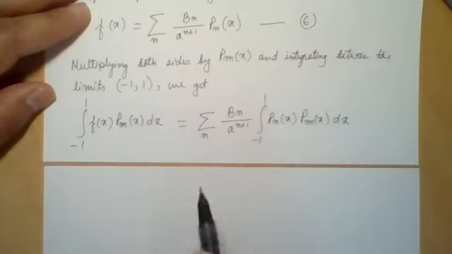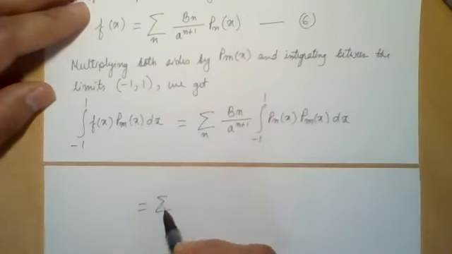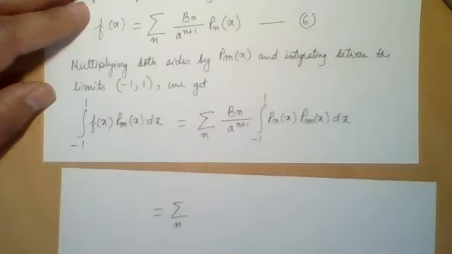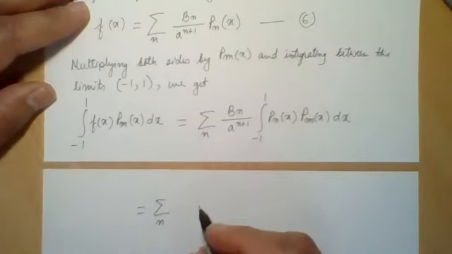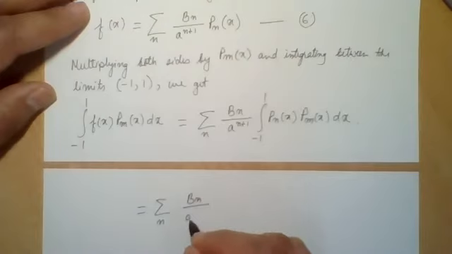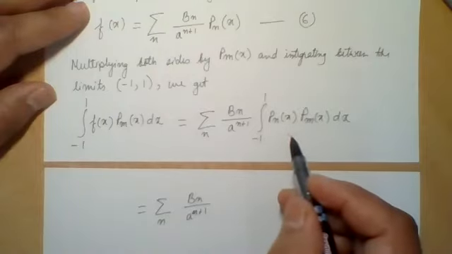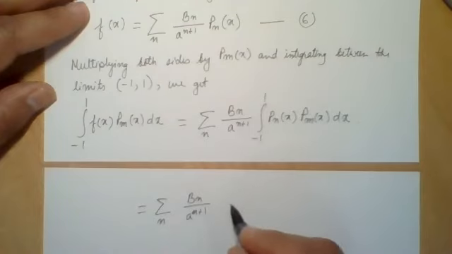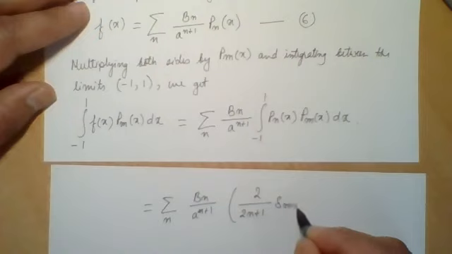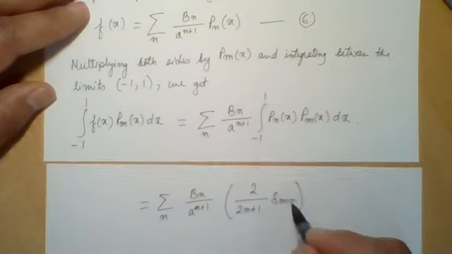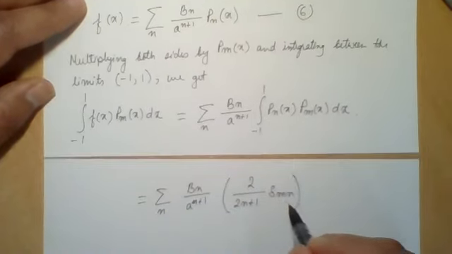So this is equal to summation over n, Bn by a to the power n plus 1, and this part, from the orthonormality property of Legendre polynomials, we know is 2 divided by 2n plus 1 delta mn, where delta mn is the Kronecker delta, and this delta mn is equal to 1 when m is equal to n, and equal to 0 when m is not equal to n.